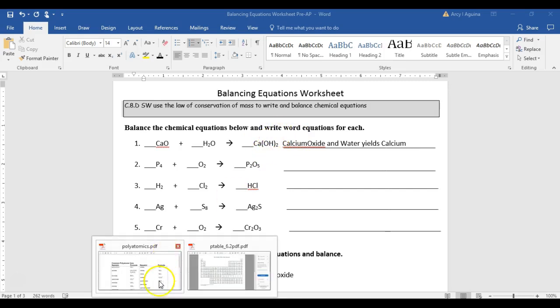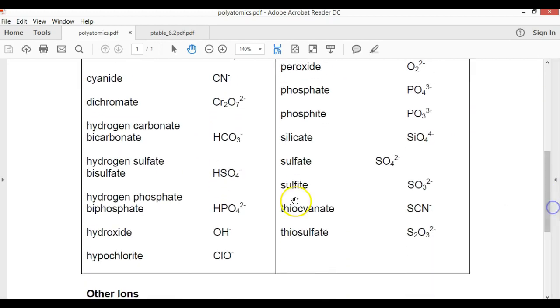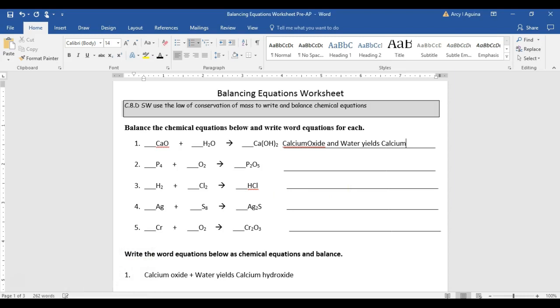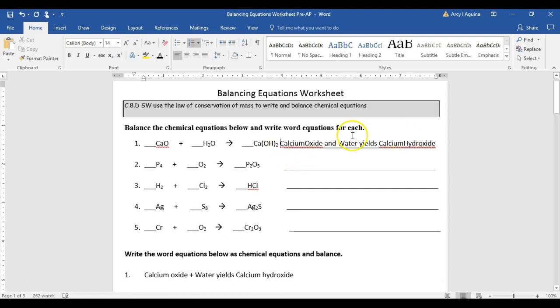If I pull up the polyatomic list, I see it right here. So OH is called hydroxide, so it's going to be called calcium hydroxide. So that's the naming part, writing the word equation.